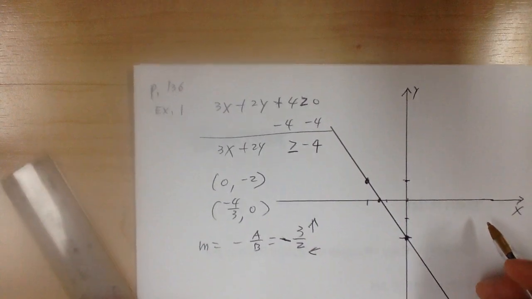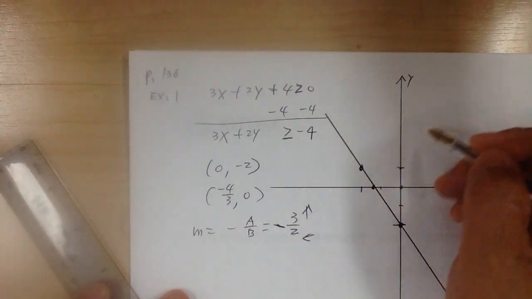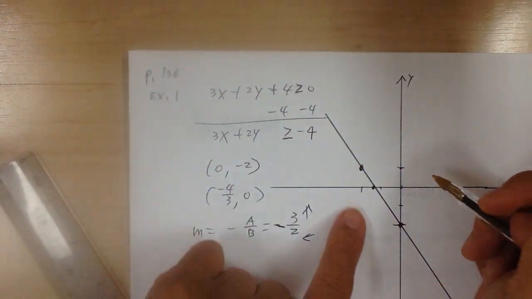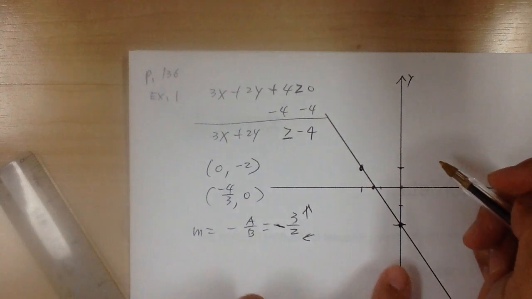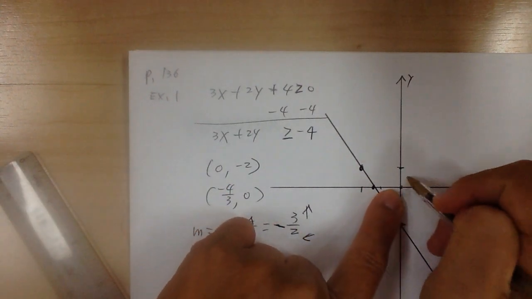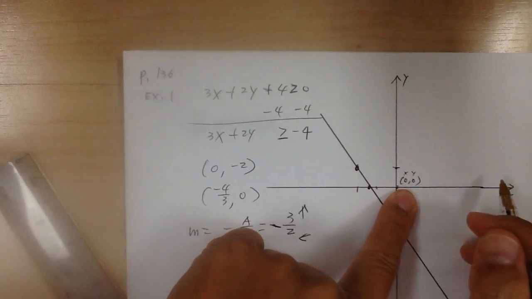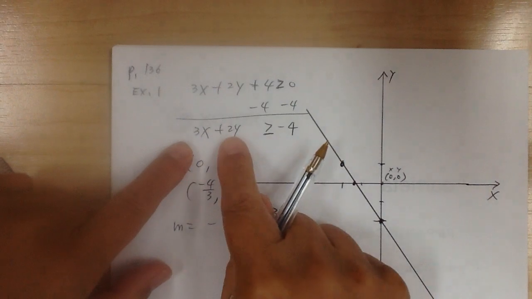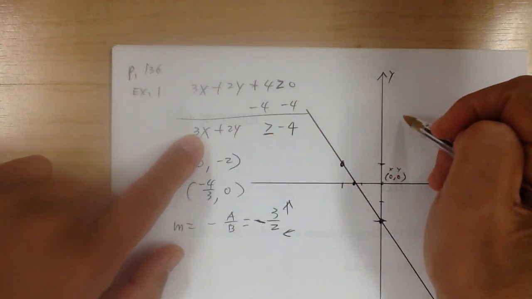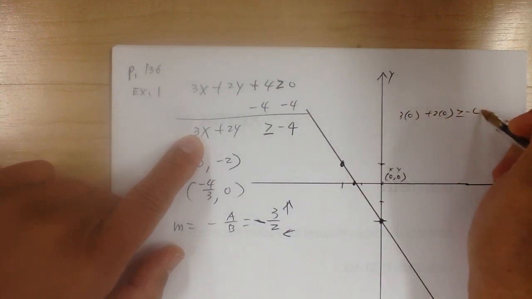Then after that, because it's an inequality, there are an infinite number of answers, so you need to look for which half plane is true. What you want to do is choose any point that is not on the line and use it as a testing point. I'm going to use 0, 0 as my testing point, so x equals 0, y equals 0. I put this in to test if it is true. So I get 3 times 0 plus 2 times 0 is greater than or equal to negative 4.